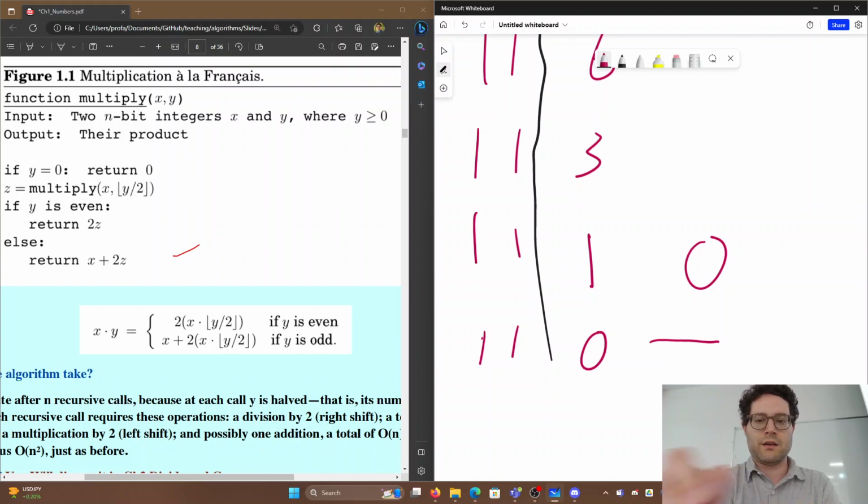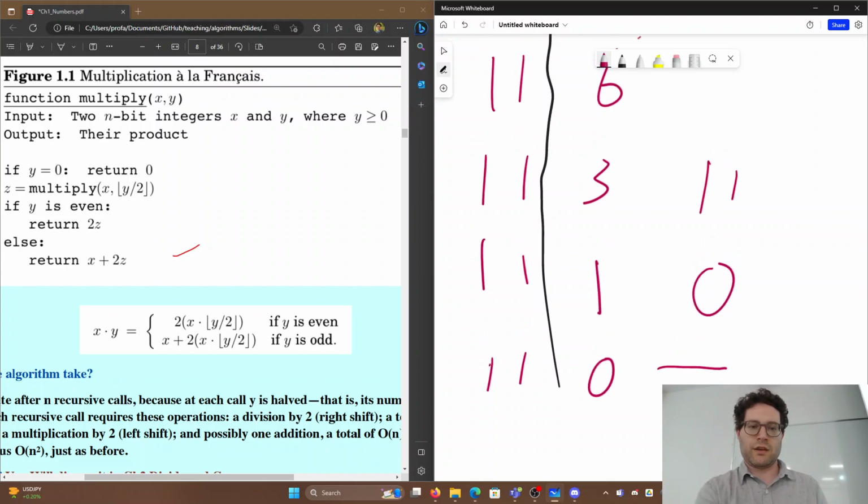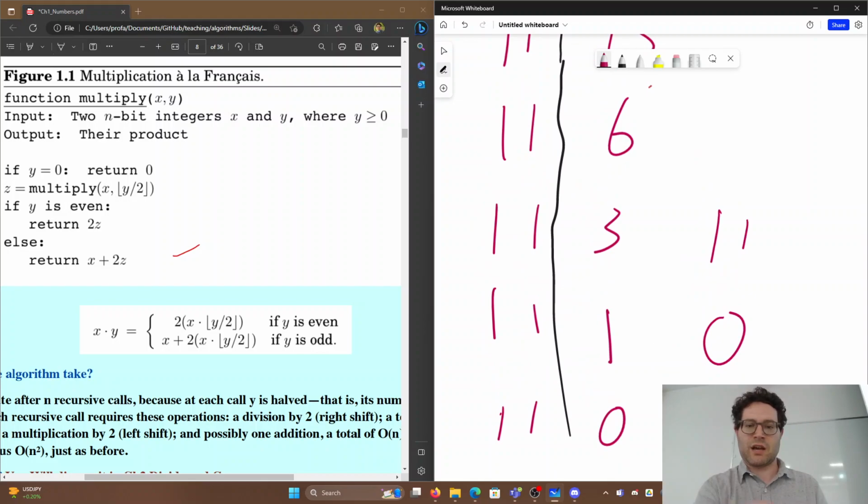So is y even? y is the second column, this column over here. It's not even, so return x plus 2z, so 11 plus twice 0. Now we do the same thing. We just got back z. 11 and 3: is 3 even?